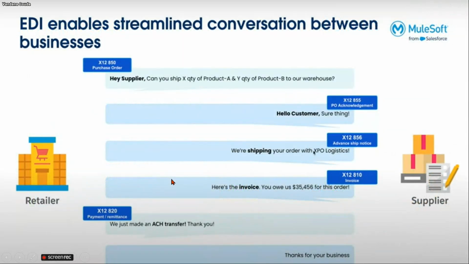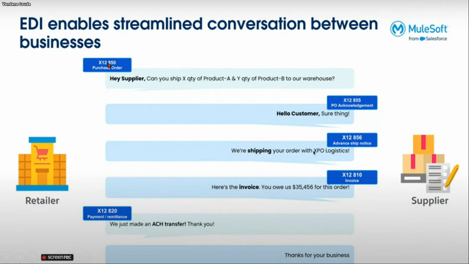Okay. So here I have one small example. EDI enables streamlined conversation from one business to another business. For example, here we have retailer to supplier. How will the EDI transaction communicate from retailer to supplier?